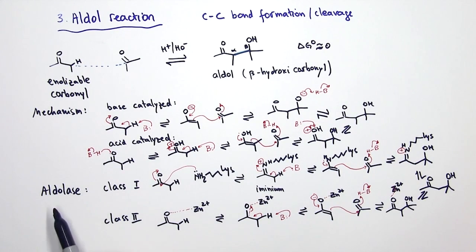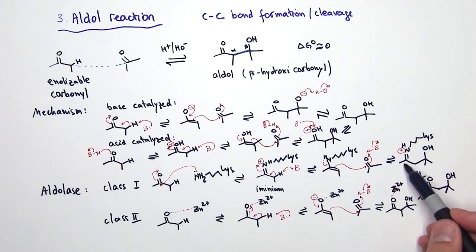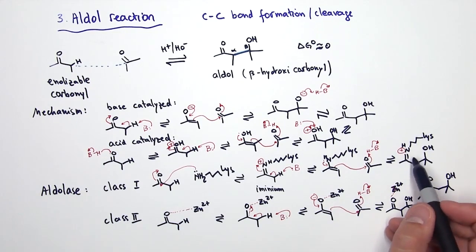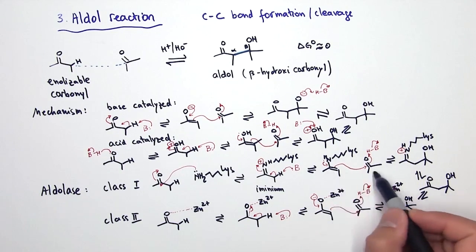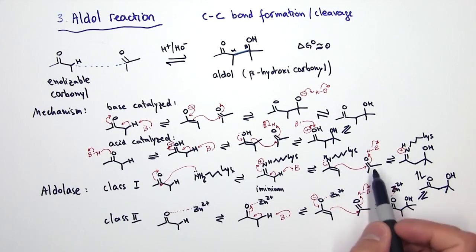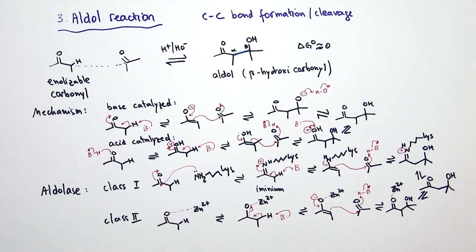As in the mechanism catalyzed by the aldolase, we can see that the reverse pathway is pretty straightforward, where the aldol binds to the enzyme, say in class 1, and forms an active site covalent interaction, a Schiff base with the lysine, from which the chemistry occurs to break the carbon-carbon bond and leads to the release of one carbonyl molecule, and then the other one will still be bound to the enzyme as a Schiff base and hydrolyzed.